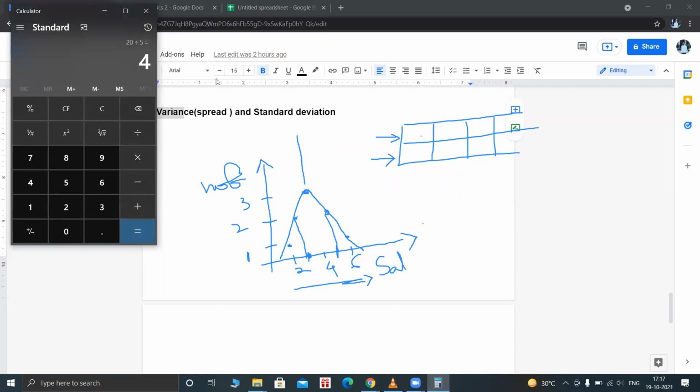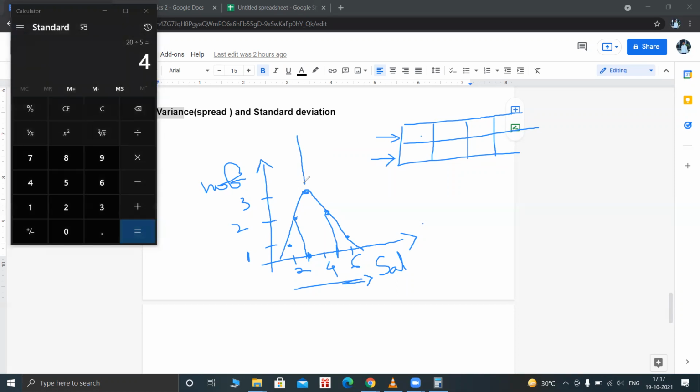So see here, guys, as you can observe, the mean for this particular data is 4, right? When you draw a line here, this was my mean.